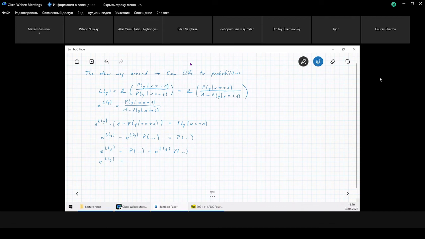Yes, so what remains is a 1 plus the exponential, 1 plus e to the power of L of y times P, or P is equal to e to the power of L of y divided by 1 plus e to the power of L of y.